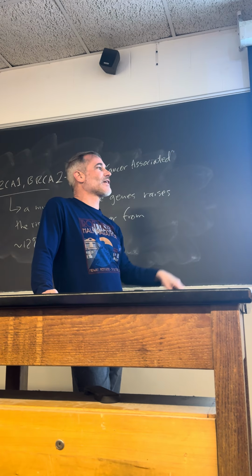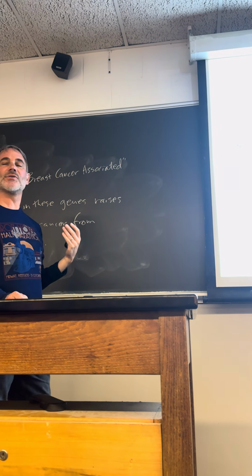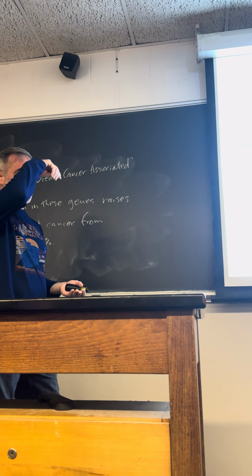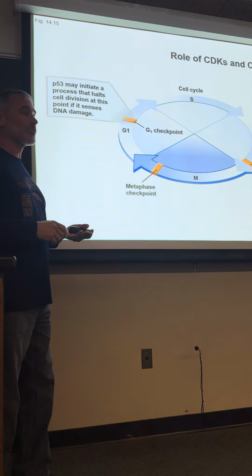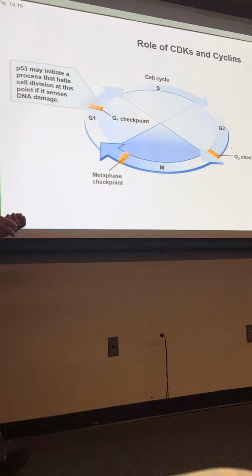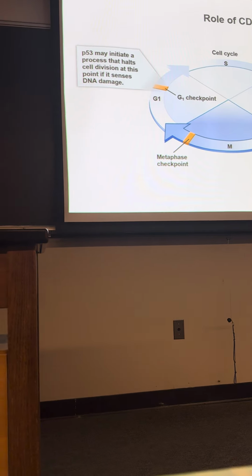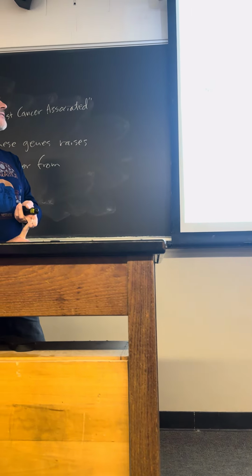Our friend P53, our main cellular protector, can halt cell division while it tries to repair DNA. And if it's not able to be fixed, P53 will do its other role, which will be to kill the cell. So without P53, we wouldn't be able to recognize the DNA damage, fix the DNA damage, and kill the cells where the DNA is damaged.